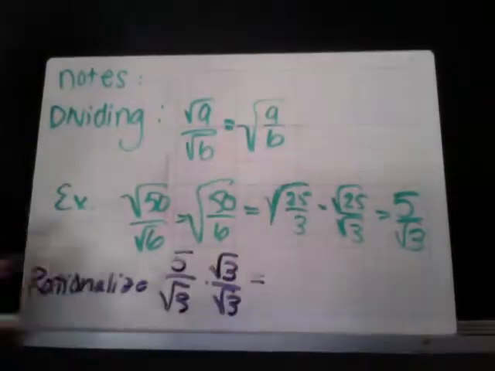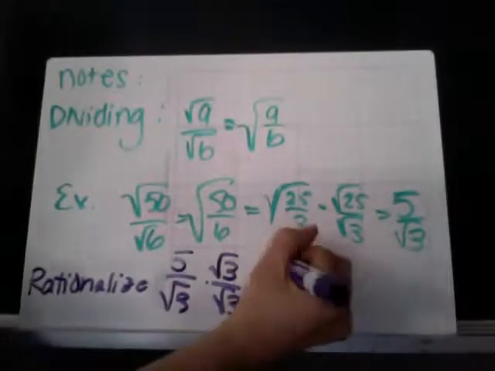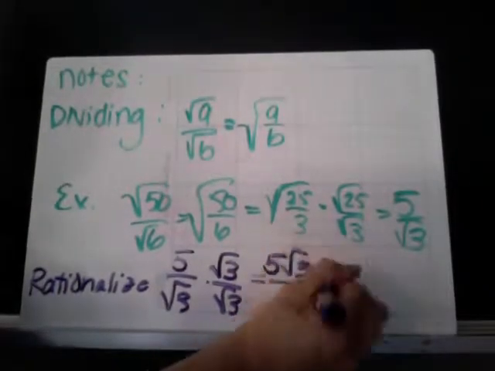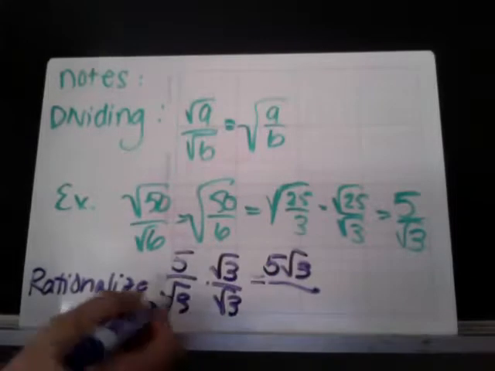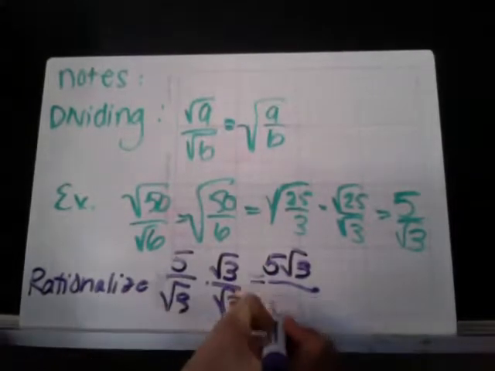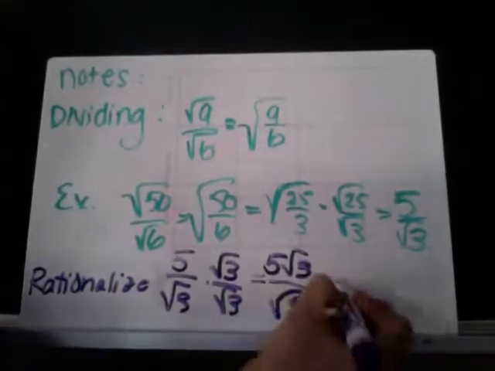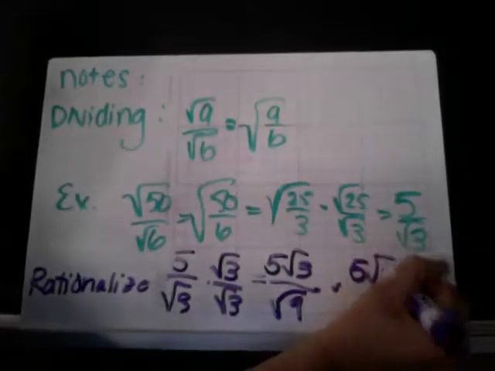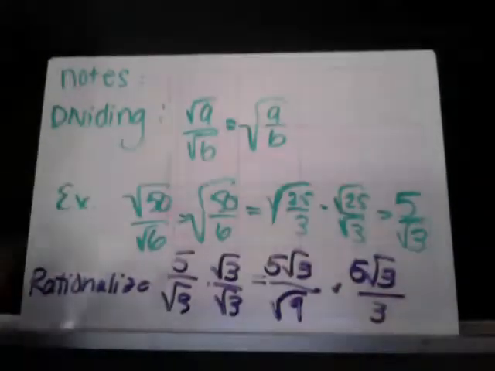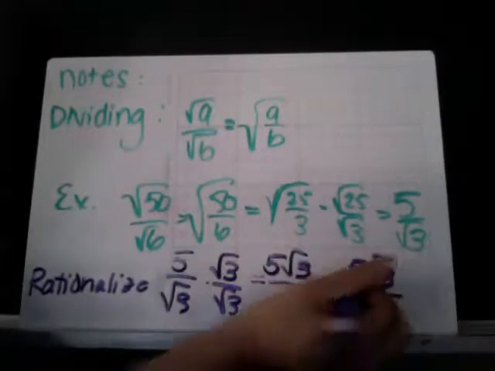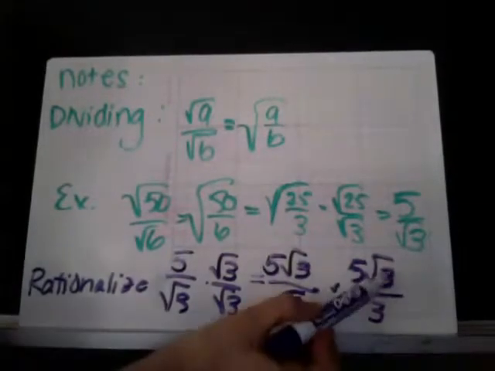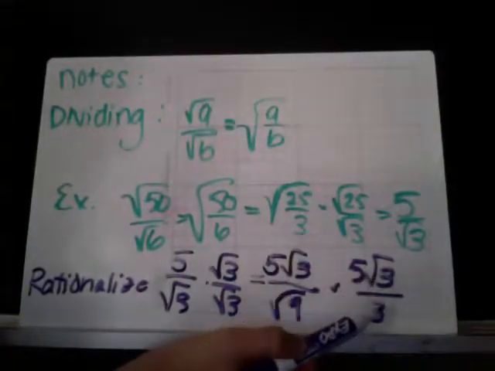As we multiply fractions, we go across the top, across the bottom, so my product in the numerator is 5 square roots of 3. My denominator, square root of 3 times square root of 3, is the square root of 9. Well, the square root of 9 is 3. And that can't be simplified any further. This 3 is really the square root of 3, and this 3 is 3.